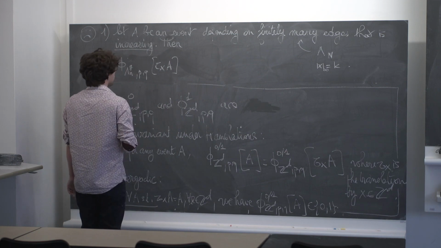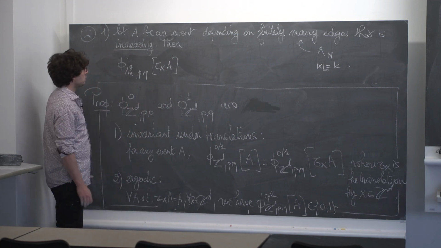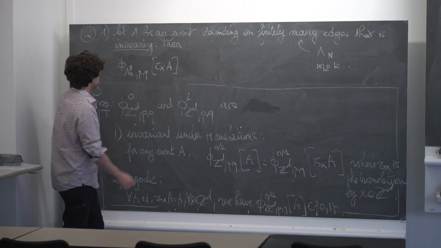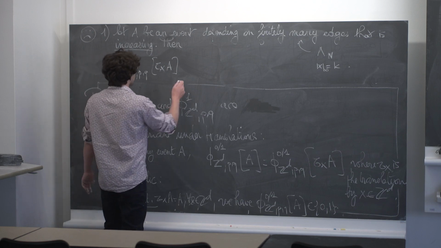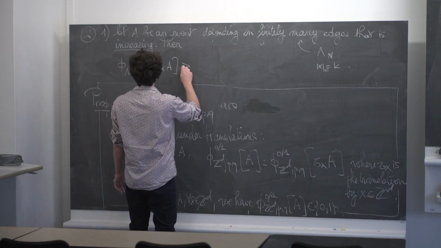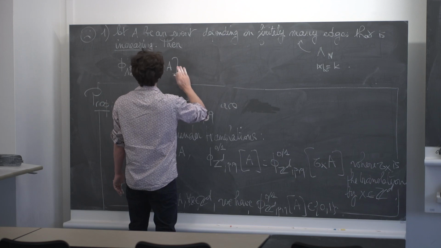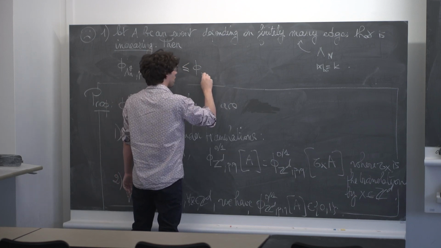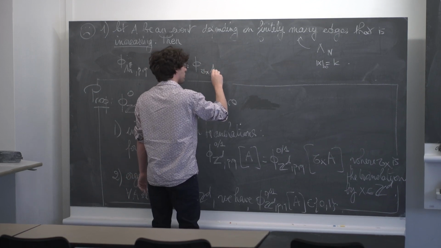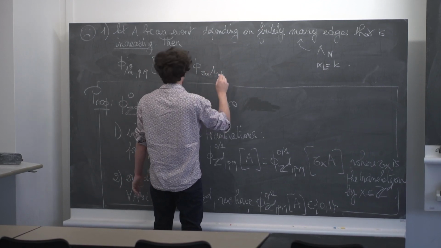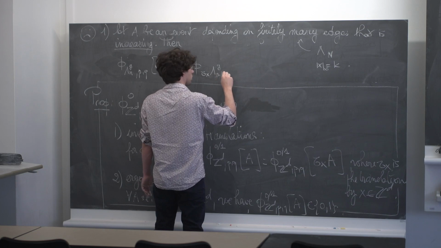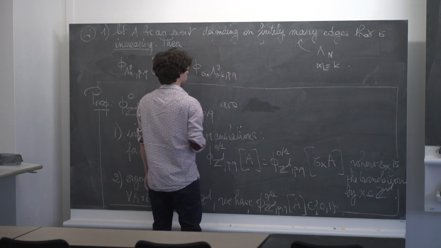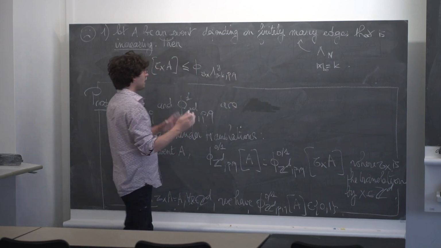then this, by definition, is going to be smaller or equal than phi tau x lambda n minus k ghost PQ. So what did I do?